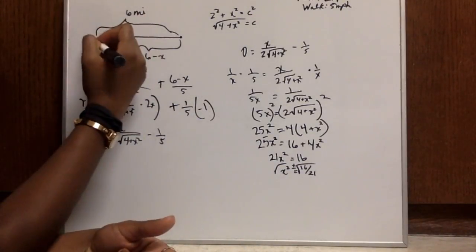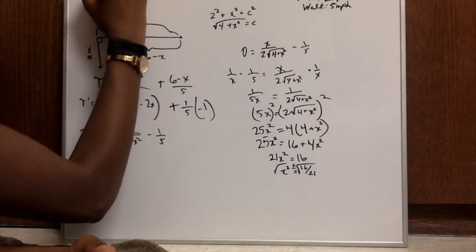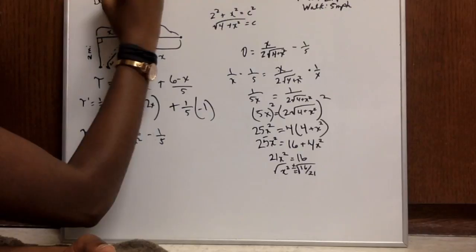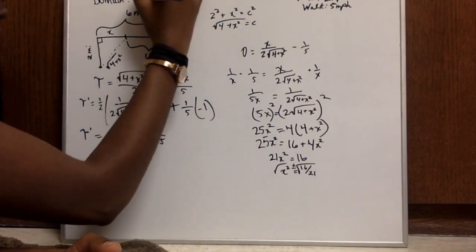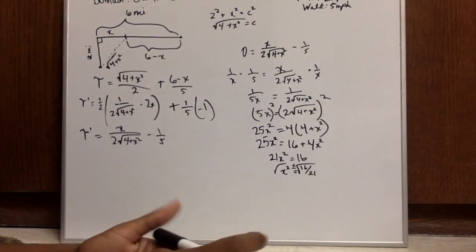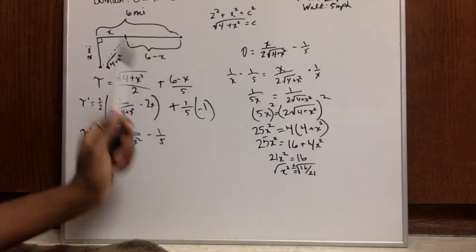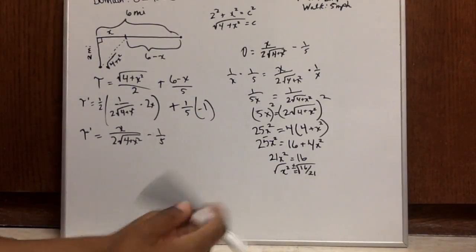So we know that the domain here, I'm going to write it here, is from 0 inclusive to 6 inclusive. So our x's can only be between 0 and 6, and can be those numbers as well.